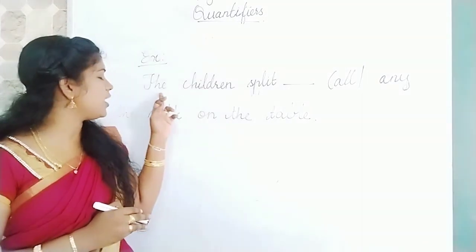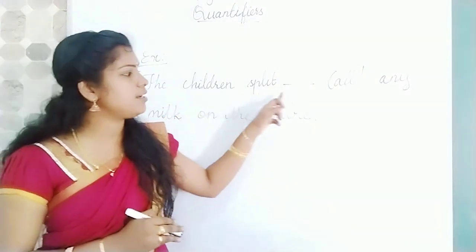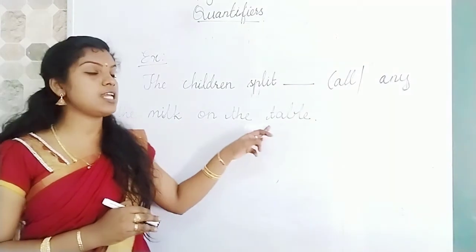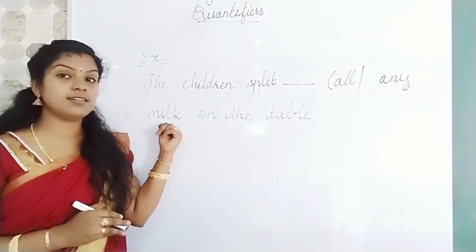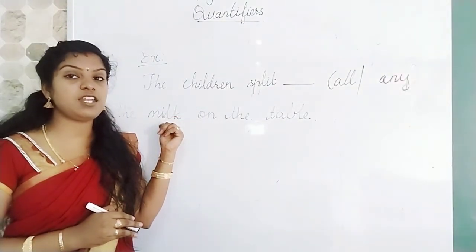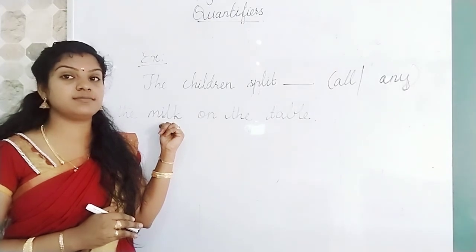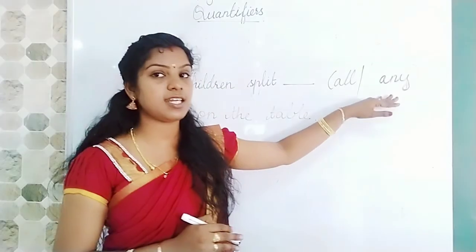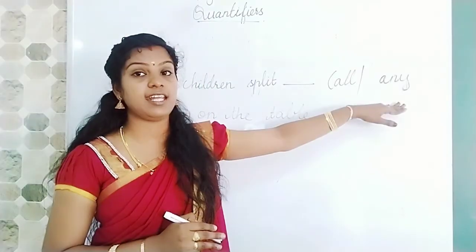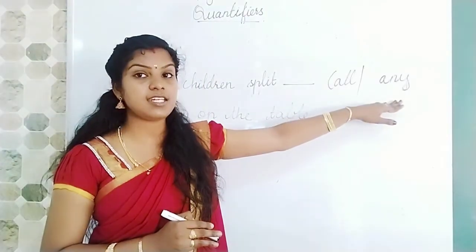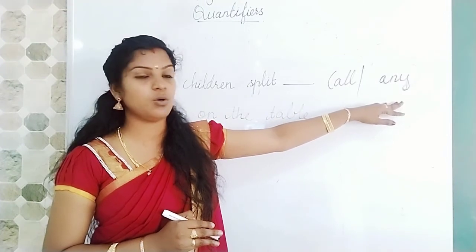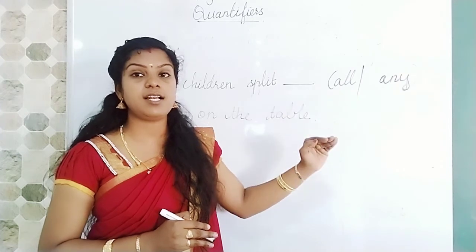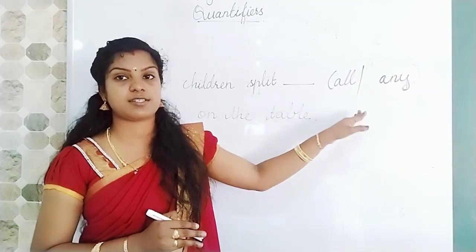First one: The children spilt dash, all and any, the milk on the table. Here, milk: is it a countable noun or an uncountable noun? Yes, uncountable noun. What are the quantifiers they have given? All and any. Is any a quantifier here? No. Then all we can use with both countable and uncountable nouns, right?